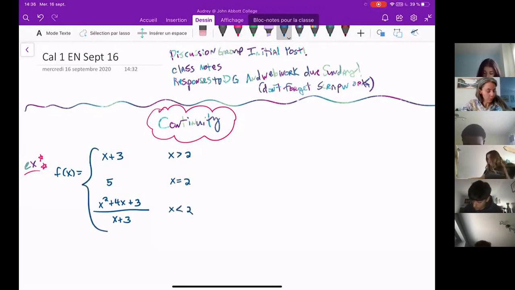Voila. So we have this function f of x, and we want to find and label all discontinuities.